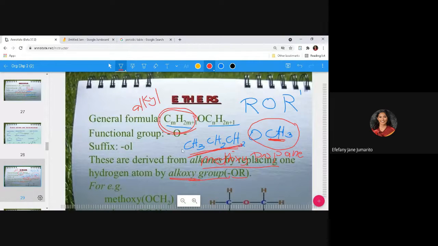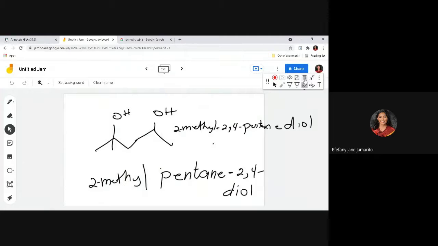So your alkyl group, the longest chain, that will be your parent chain. Sometimes it depends on the class, it may be on the left or on the right. Whichever has the longer alkyl group, there you will find your parent chain. So there you look for and place your parent chain, where you find the longest carbon chain. And then the smaller carbon chain will be your alkoxy group.